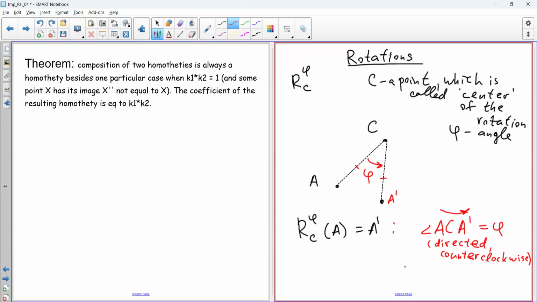And the segments CA and CA prime are equal to each other. So these would be rotations.